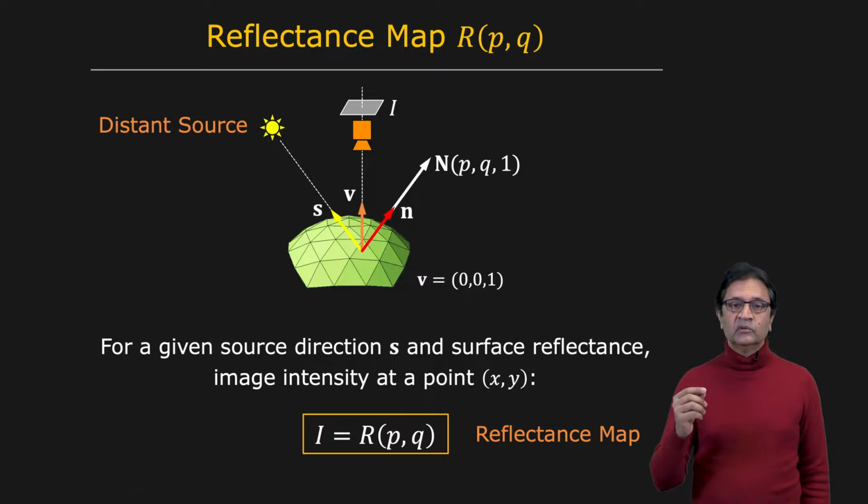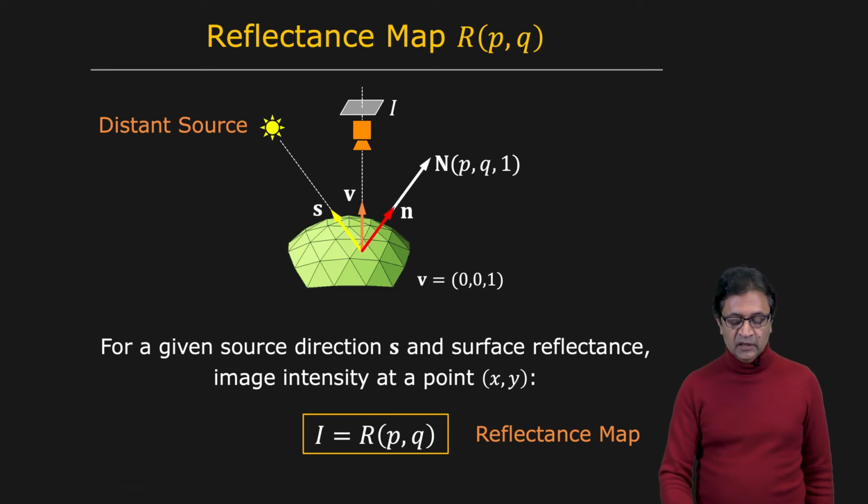We're going to assume that there's a single source of a certain brightness at a certain distance in a certain direction, S, right here. So what the reflectance map tells you is that for a given source direction S and surface reflectance model, it gives you the image intensity at a point x, y. It relates the image intensity that you measure to the surface normal or the gradient at that point, p, q.